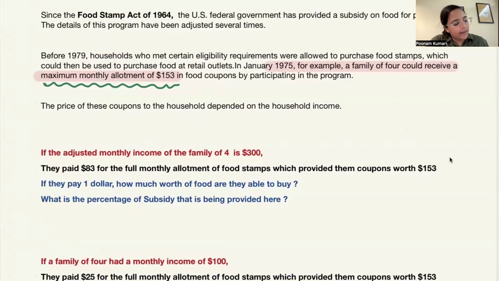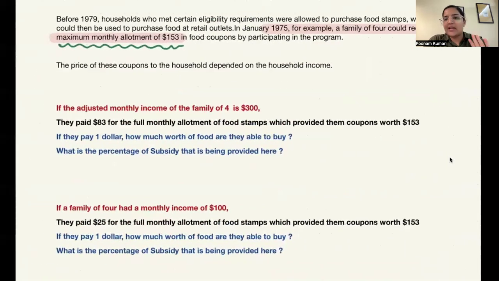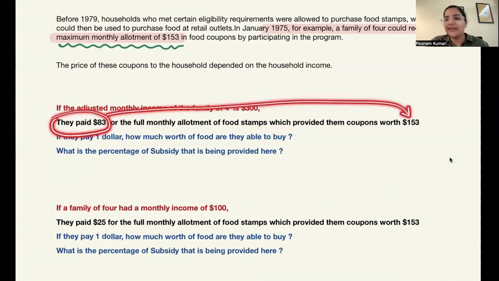So if the monthly income of a family of 4 is $300, they used to pay $83 for the full monthly allotment of food stamps. So what does that mean? They used to pay $83 if they want to use full $153 worth of food.